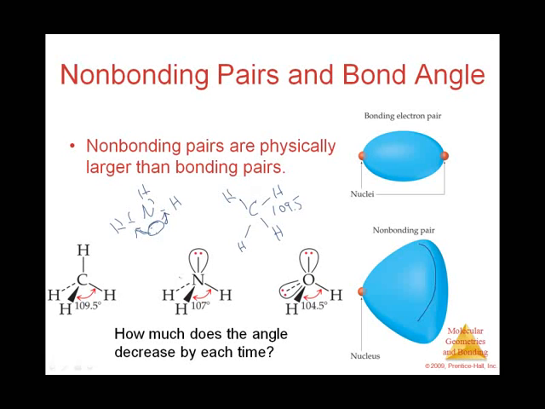So this angle between the lone pair and the atom grows, and this shrinks a little bit. It goes from 109.5 down to 107, and it loses another 2.5 degrees if I have 2 lone pairs, because remember, those lone pairs take up slightly more space, so in the case of water, my bond angles shrink to about 104.5.